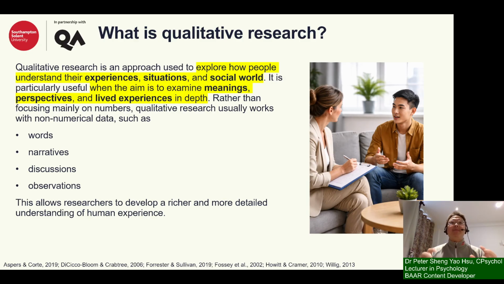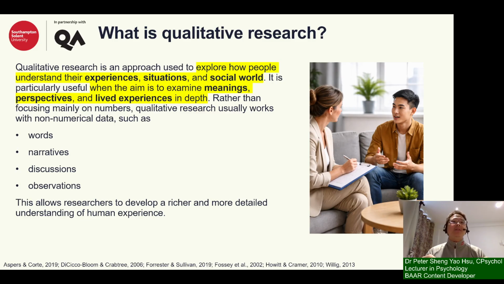Both approaches can be valuable, but they produce different kinds of knowledge. Quantitative research might tell us how many mature students report high stress. Qualitative research might help us understand what that stress actually feels like, what caused it, how students manage it, and what kind of support they find meaningful.